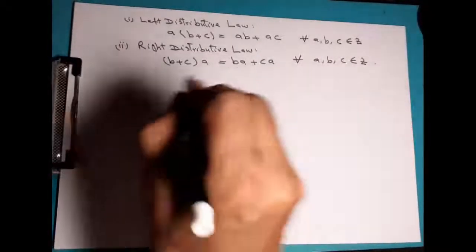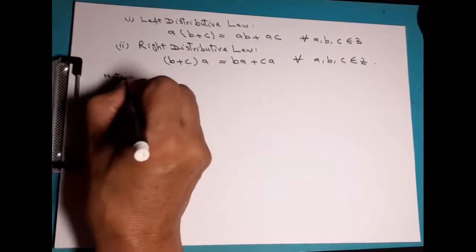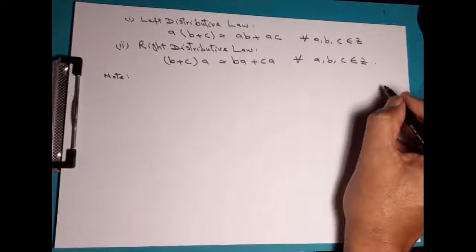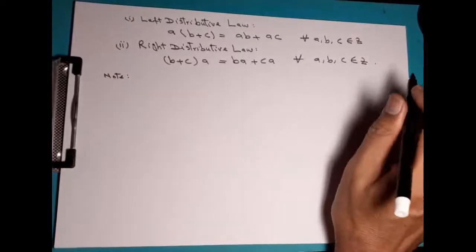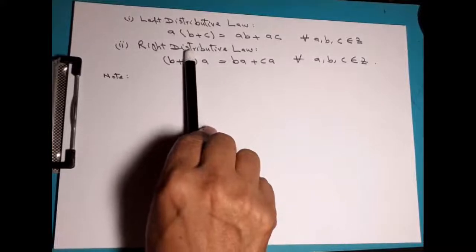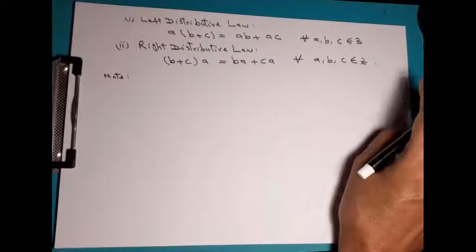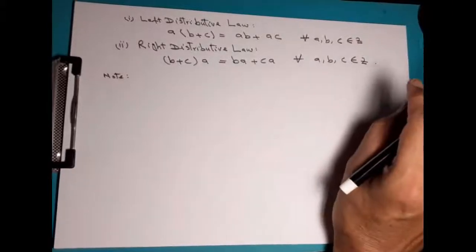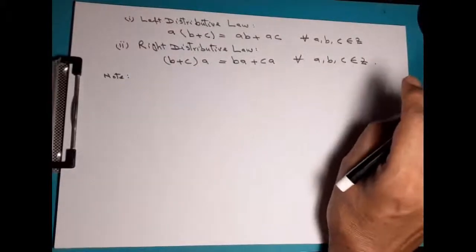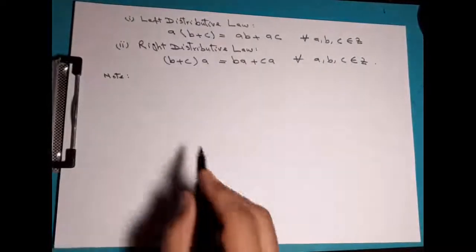Just note that in the set of integers multiplication is commutative. So the left distributive law and the right distributive law are in fact the same laws. But if multiplication is not commutative, then these two are different. We have to note this very carefully.